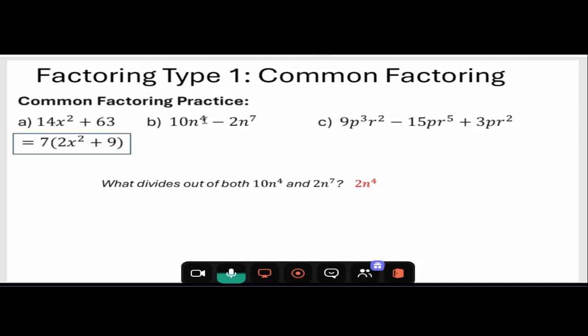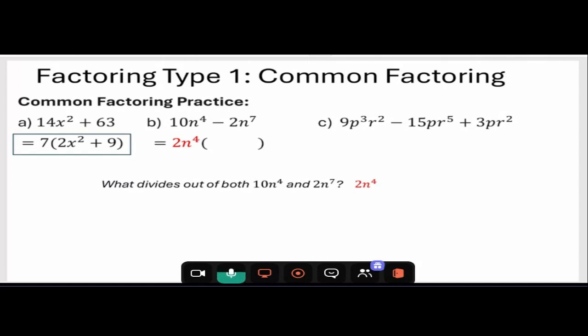I can pull out 4 of those n's, n to the power of 4, right? So I can pull out a 2 from both terms, and I can pull out n to the 4. So I can pull out 2n to the 4. That's what comes out front of the bracket, right?